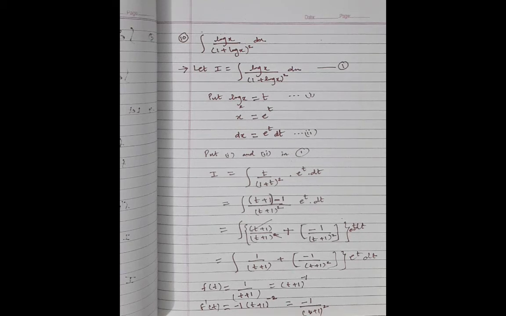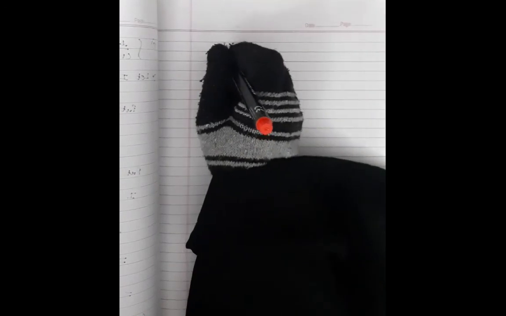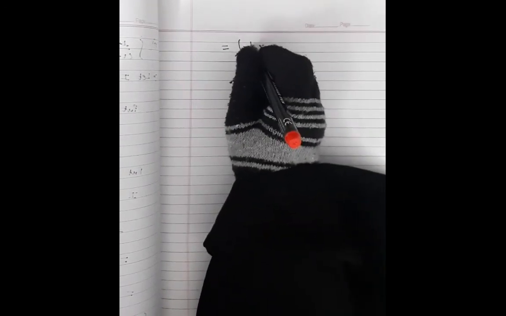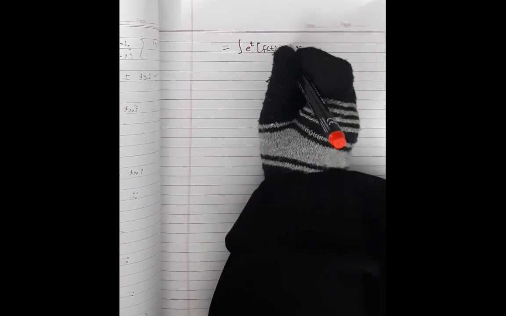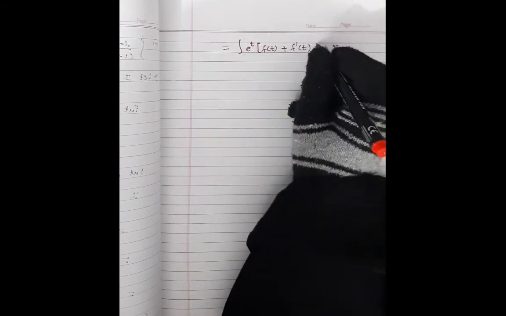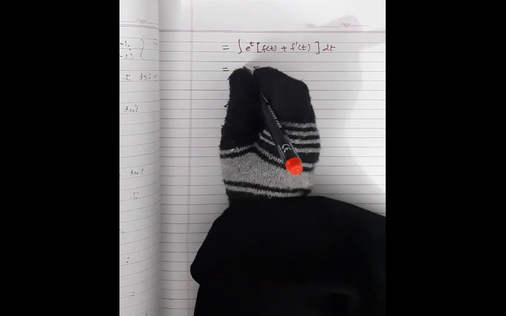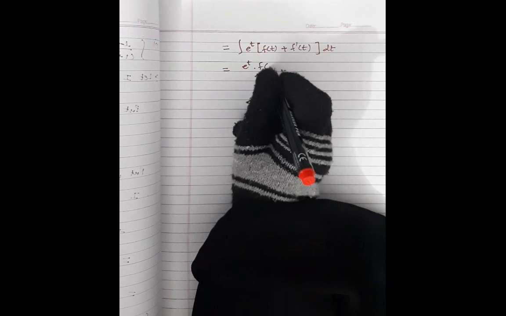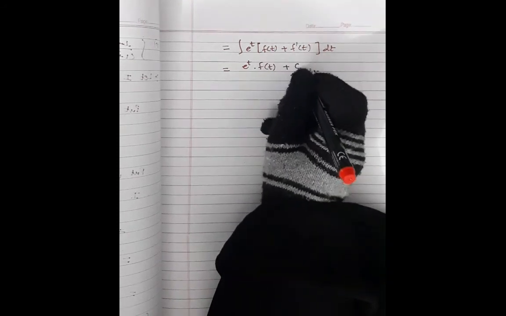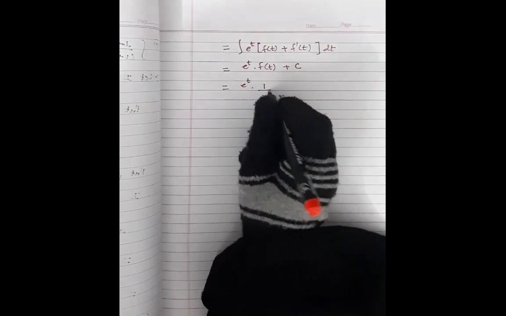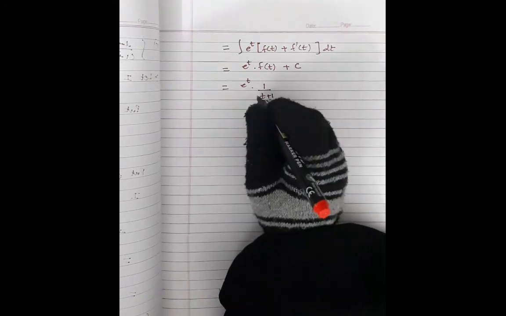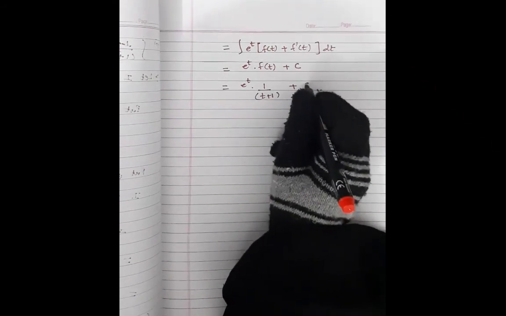Here we will write the integration in this form: integration of e raised to t into f of t plus f dash t into dt. And what is our answer? The answer is e raised to t into f of t plus c. And what is our f of t? f of t is 1 upon t plus 1, plus c.